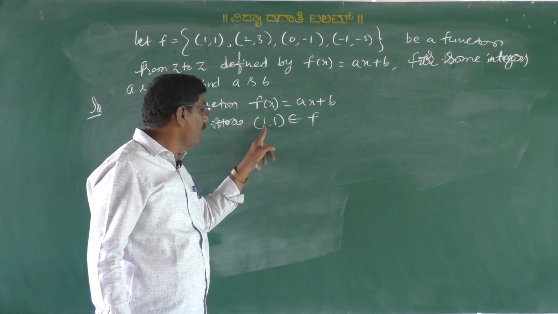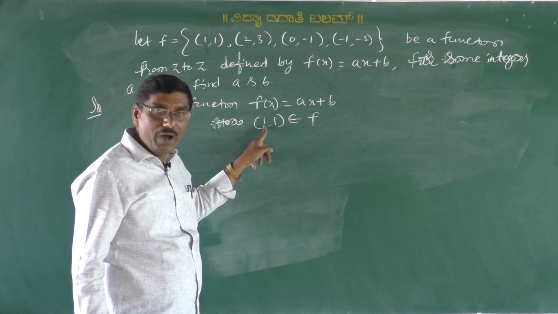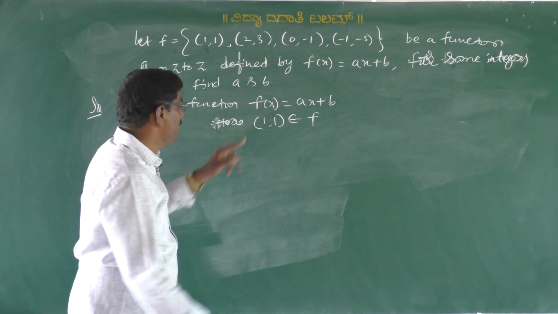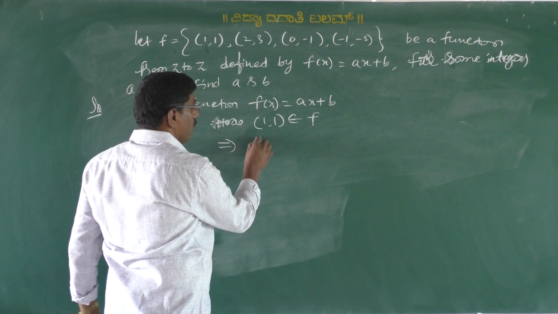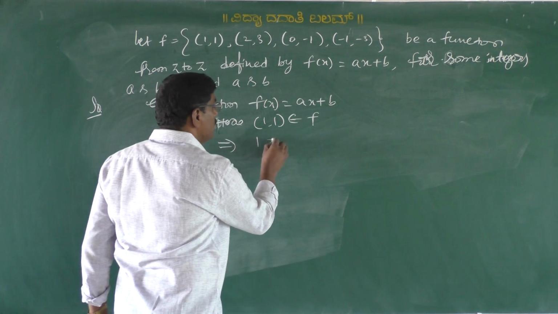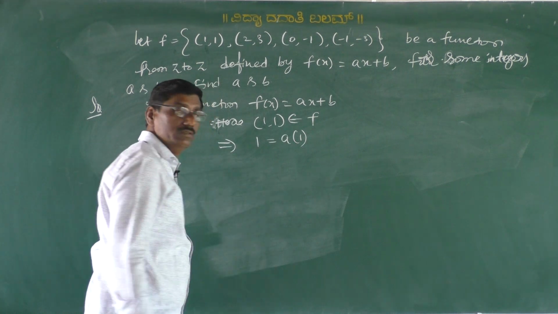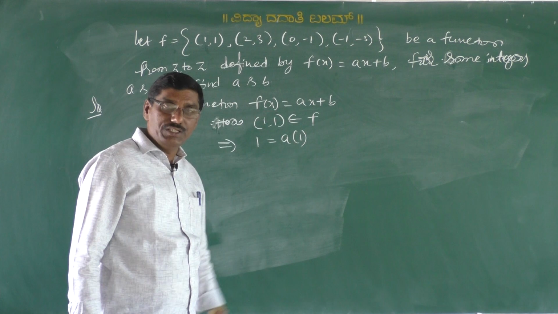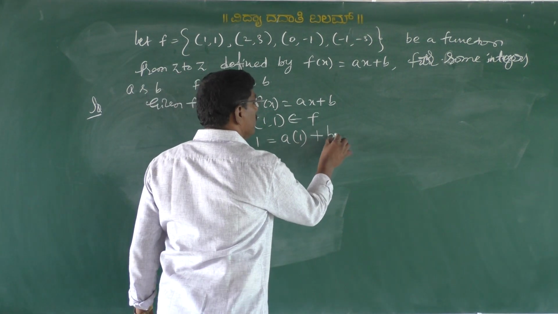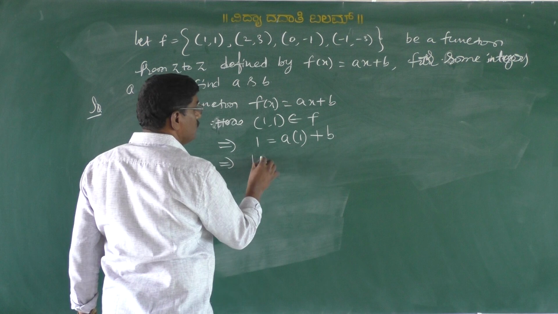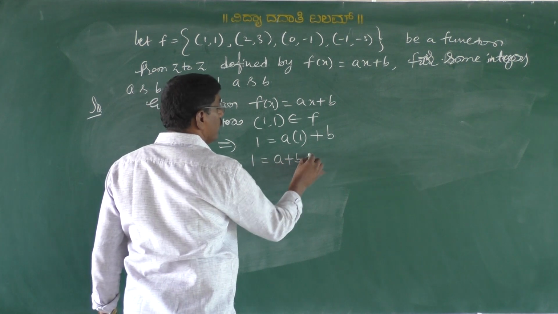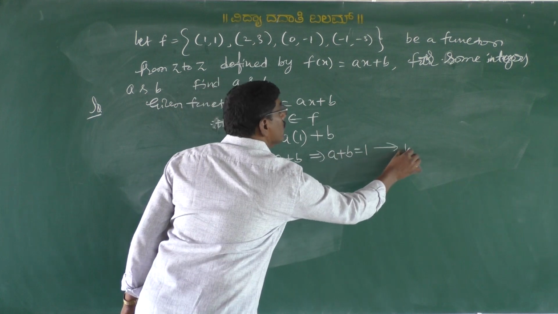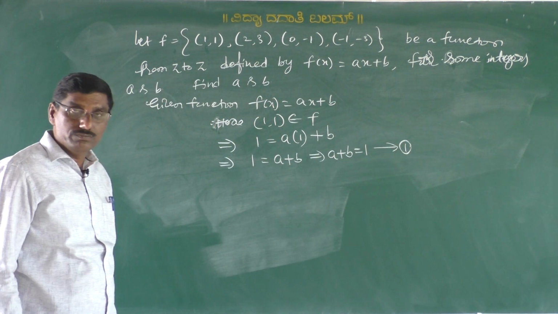Here 1 is the domain and 1 is the range. So 1 = f(1) = a·1 + b, since the domain is x, that is 1. From this, a + b = 1. Call this equation 1. This is one of the equations.